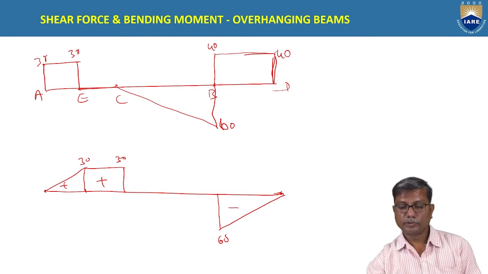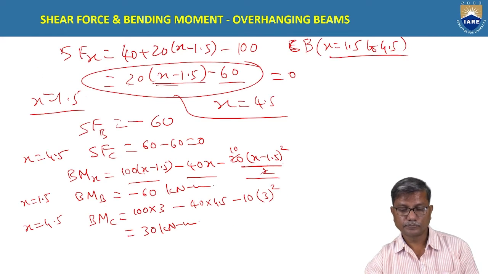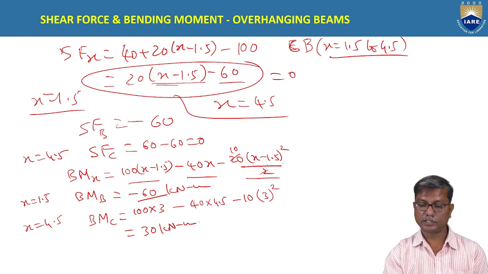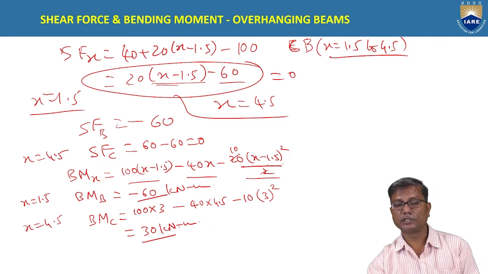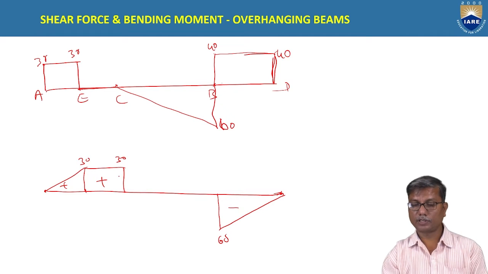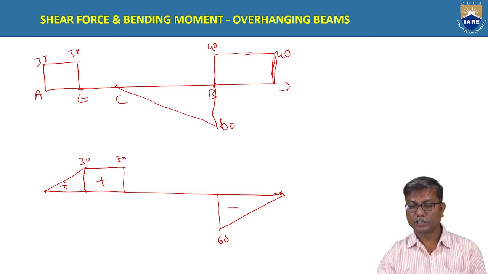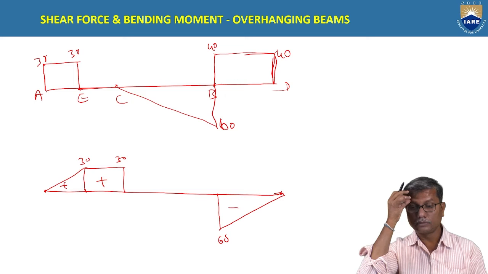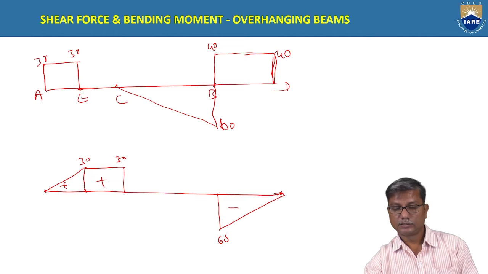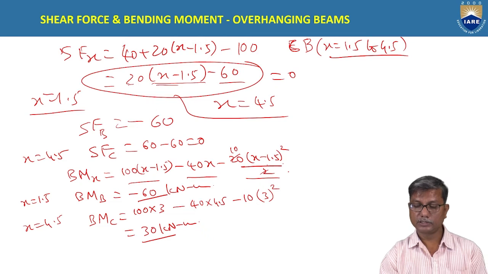And now the shear force between C and B varies from plus 30 to minus 60. So the bending moment at B is minus 60 and the bending moment at C is plus 30. And this is a parabolic variation. So you need to find where the bending moment becomes 0.